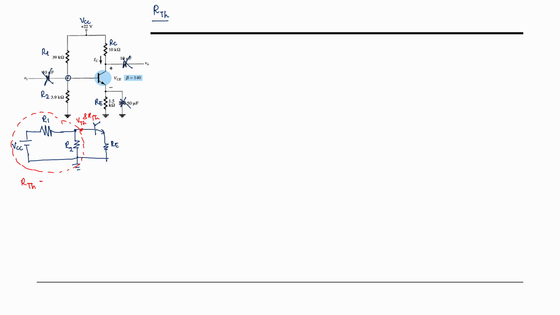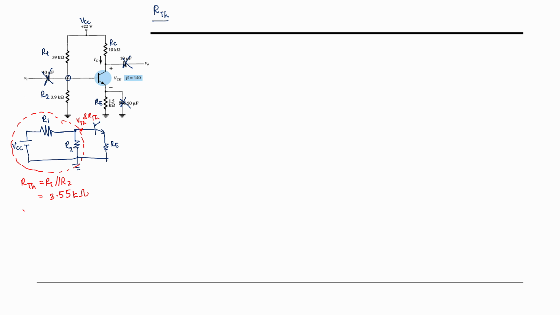R Thevenin is very easy, because you already know R1 is parallel with R2. So R1 in parallel with R2, you will get R Thevenin equals 3.55 kilo ohm. Please calculate this for me.